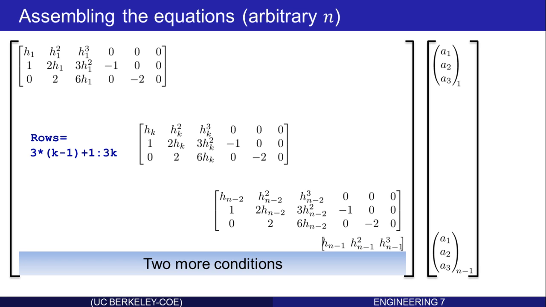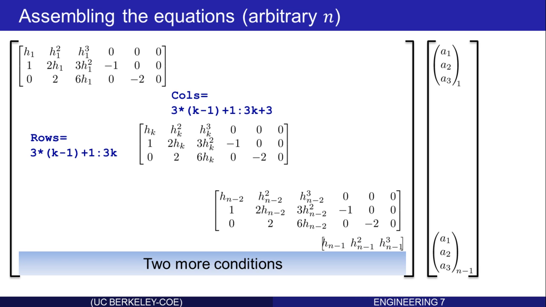These are not 3 columns, but it's actually 6 columns. So therefore the ending column must just be 3k plus 3. If you think about it, the column index then must be 3 times k minus 1 plus 1 to 3k plus 3. Knowing those indices, you can easily write a for loop to fill in these n minus 2 sets of 3 equations involving 6 unknowns.